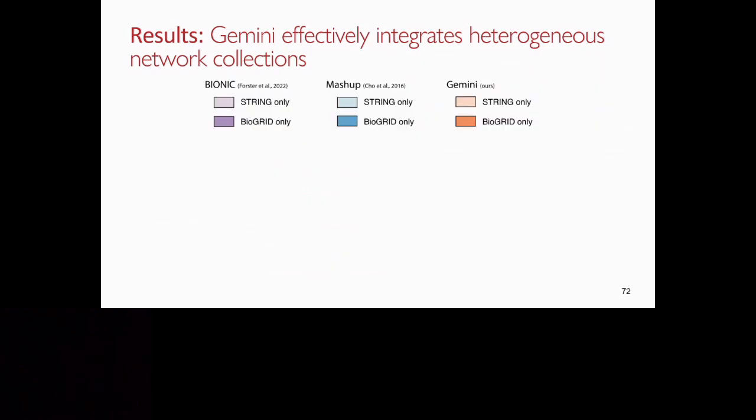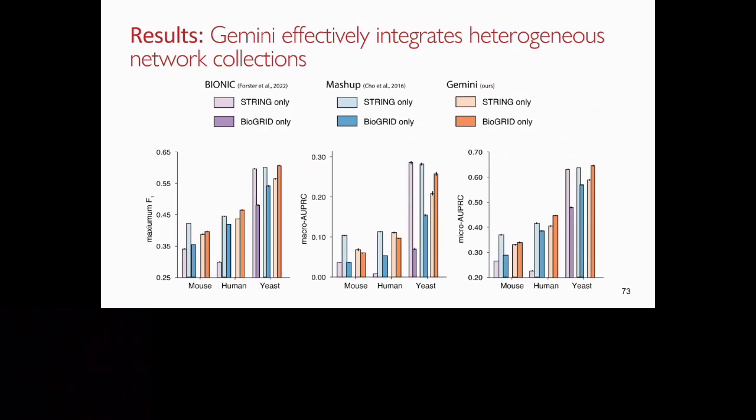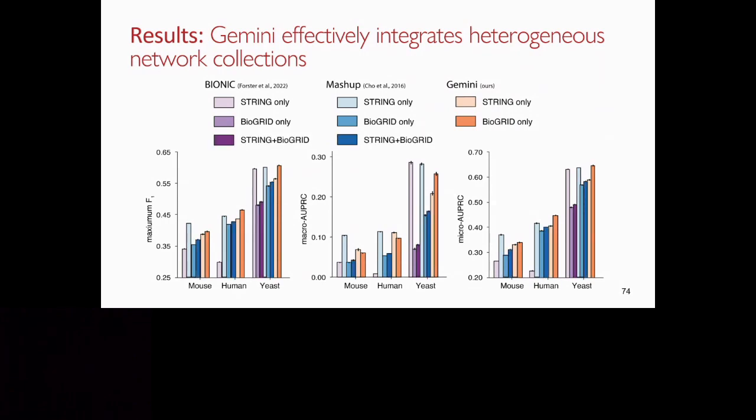So for this, we compare BIONIC, Mashup, and Gemini. And first, if we look at their performance run only on STRING or only on BioGRID, we can see that the methods are sometimes fairly comparable. BIONIC and Mashup in particular do well with the STRING input collection. But really importantly, if we then look at the combination of STRING and BioGRID, we see that both BIONIC and Mashup's embedding quality deteriorates over just using STRING.